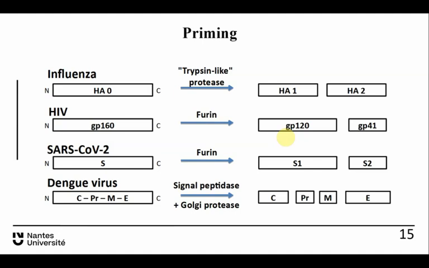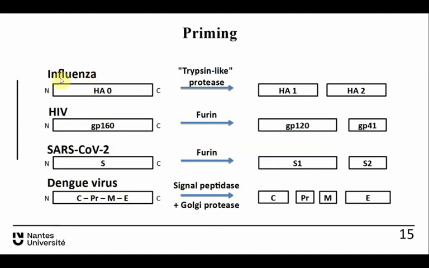So what is the priming step? For a lot of viruses, I'm trying to think of an exception actually, but it's very often the case that the priming is a proteolytic cleavage. So for all of these type 1 fusion domains, and this one type 2 for dengue fever virus, the envelope glycoprotein is synthesized as a kind of precursor.